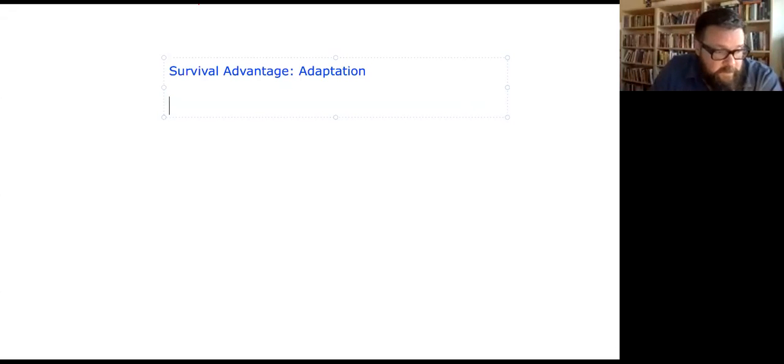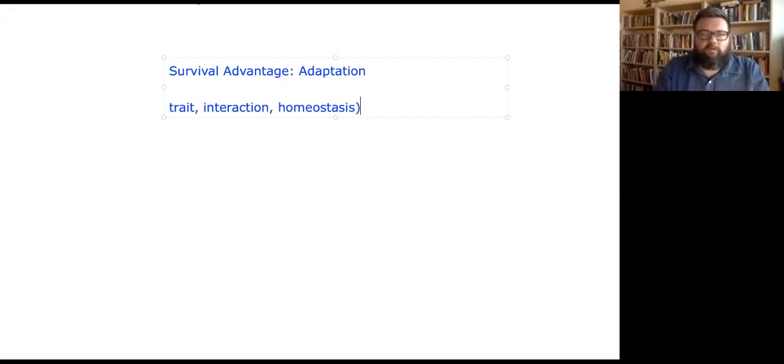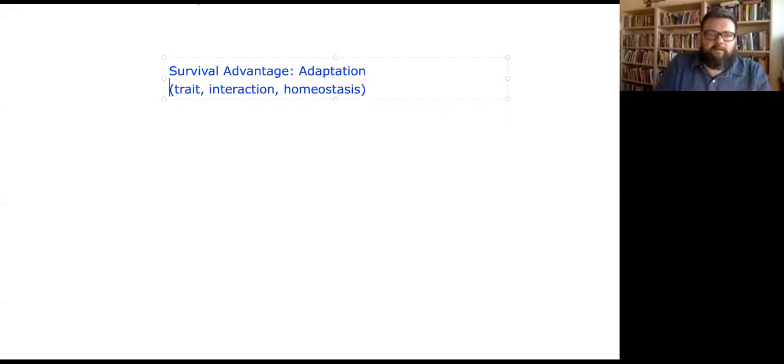So for the next few minutes, I'm going to give you some vocabulary to think about adaptation. Get a few ideas back in your mind. Remember what a trait is. Remember that traits are always interacting in environments. And remember homeostasis. Those are the background concepts that you should have going in your head.